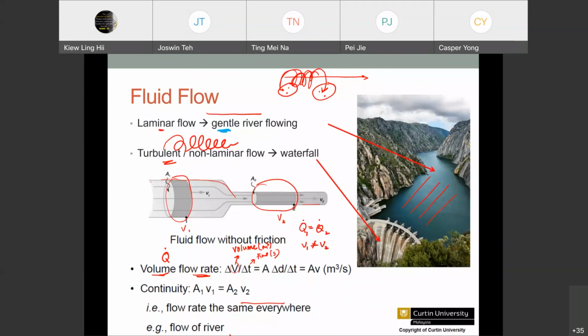So from here, if we say Q equals change of volume divided by time, where volume equals cross-sectional area times the distance traveled, divided by time.